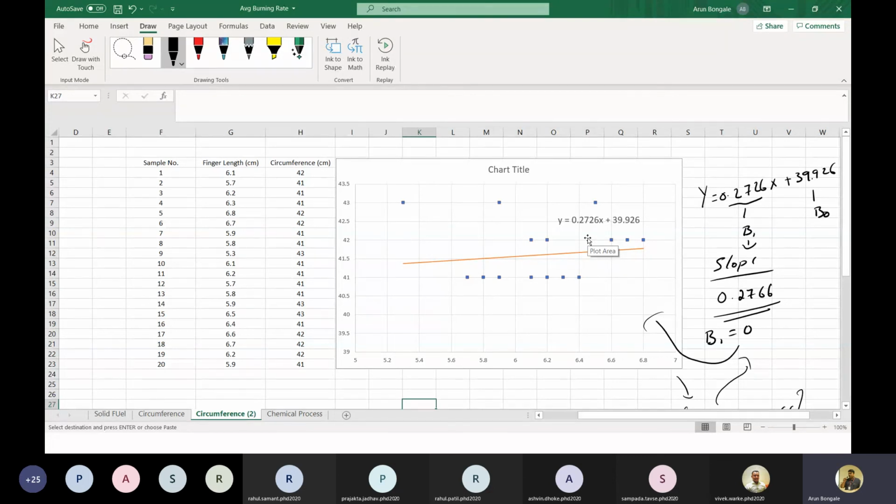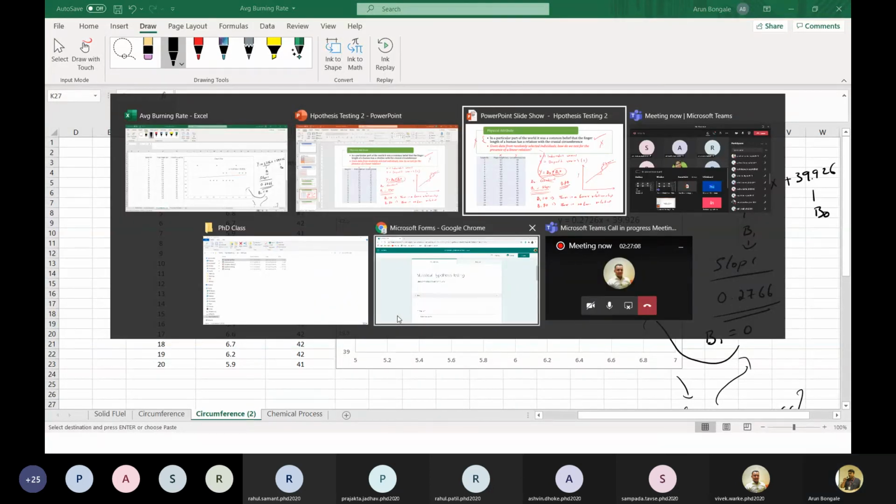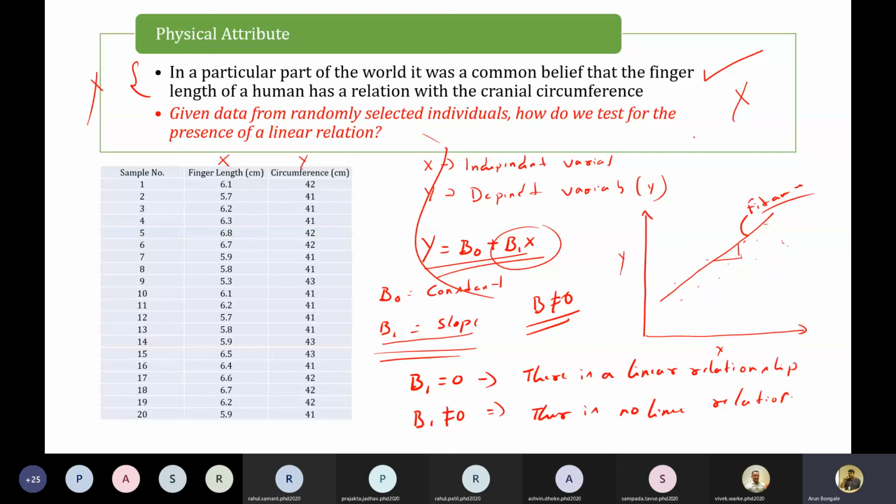So you have to set a range, and if the value falls within it, then this value is acceptable and you can come to the decision that this particular equation is true.